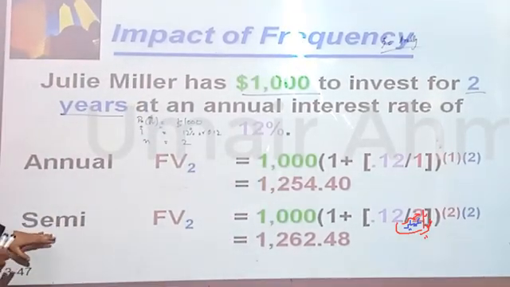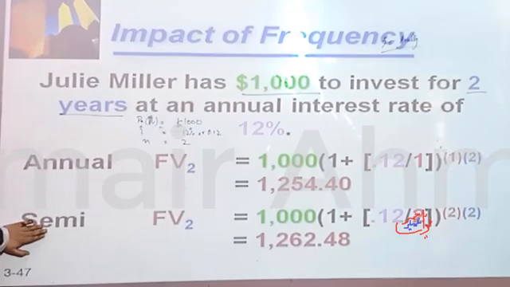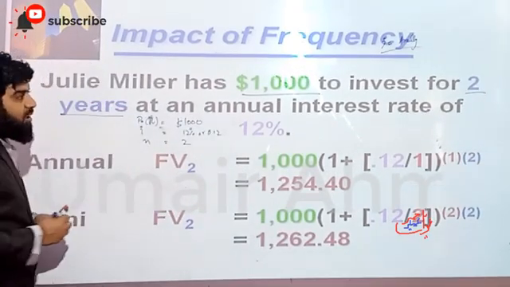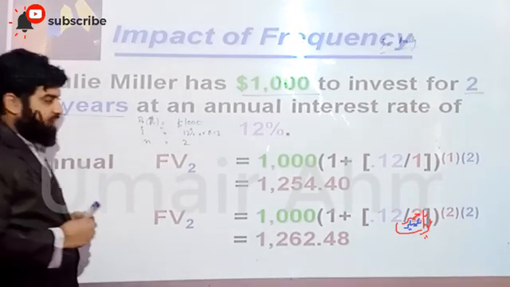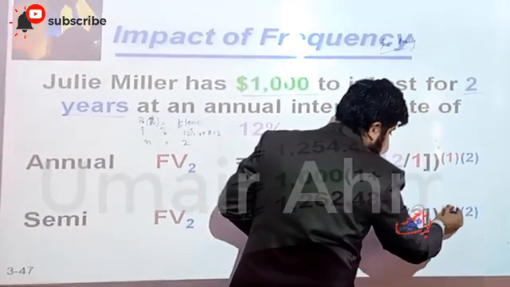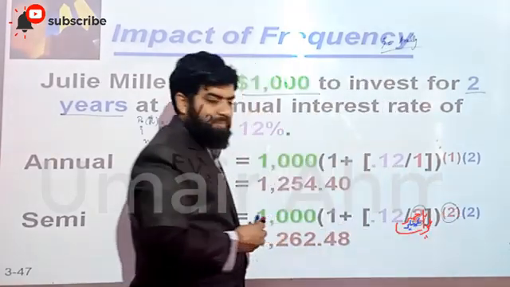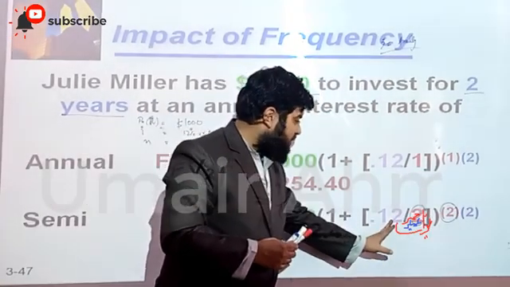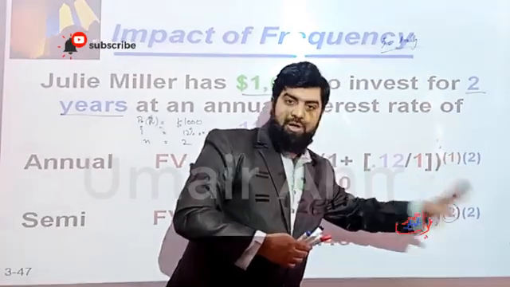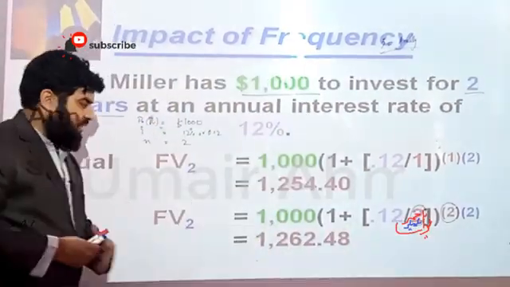Now there is a change if you are using semi-annual compounding. As we know how many compounding periods are involved, you have to divide the interest rate by 2, and multiply the power by 2. So you will get the answer.